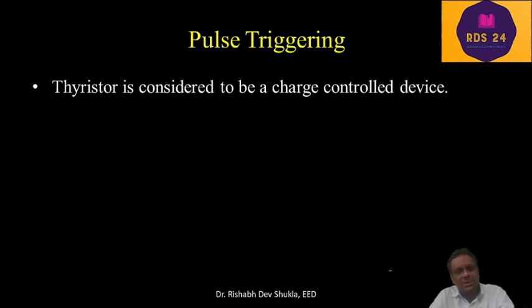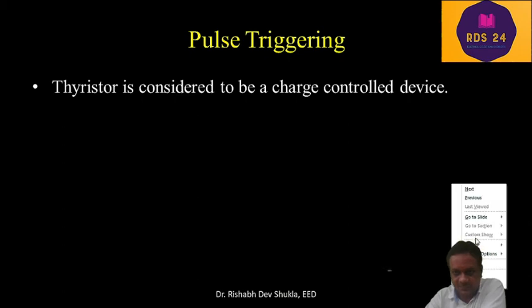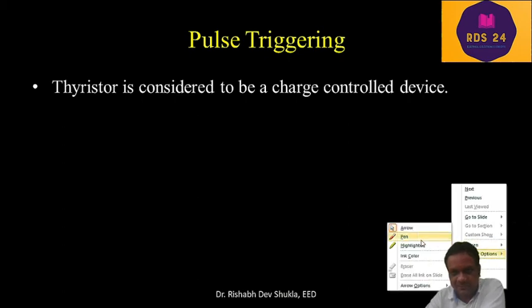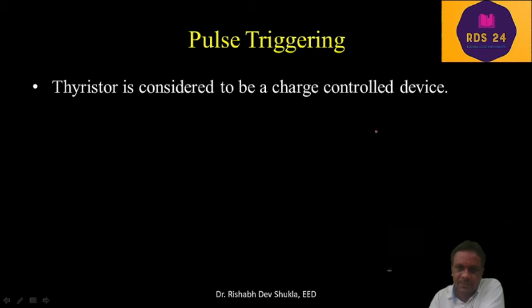So as a conclusion, thyristor can be considered to be a charge control device. Why a charge control device? We are going to apply a gate current or gate pulses. What is I? I is nothing but dq upon dt.